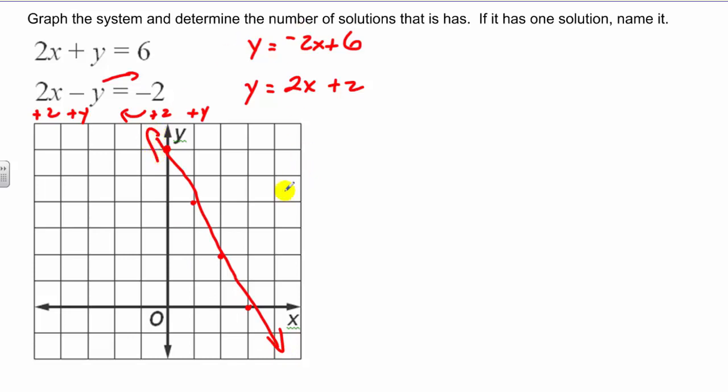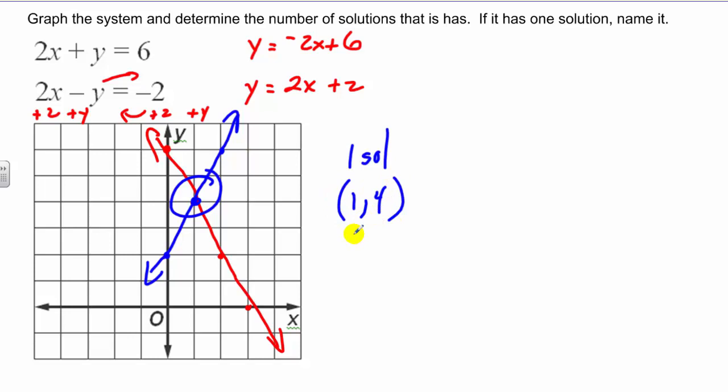And we'll do this next one in blue: go up 2 over 1, up 2 over 1, connect the dots, and we can clearly see that it has one solution, and that solution is the point (1, 4).